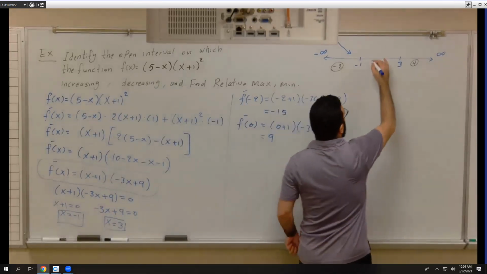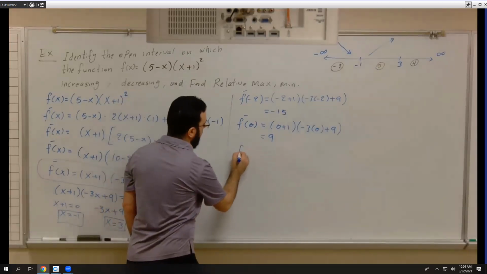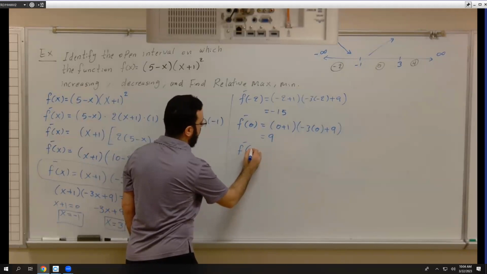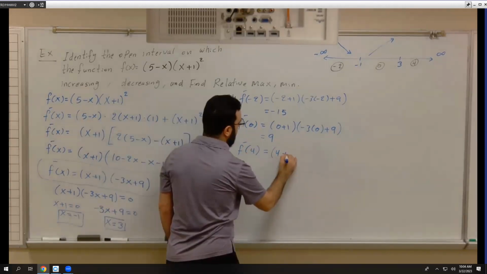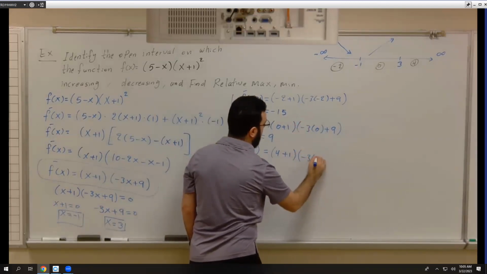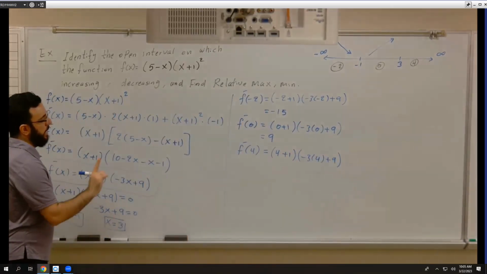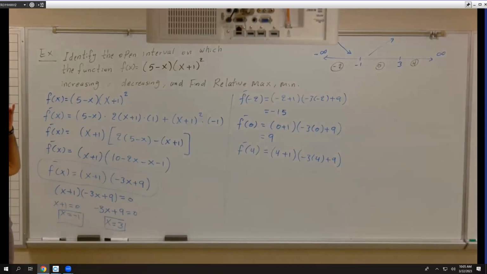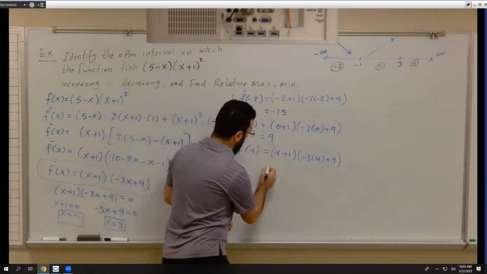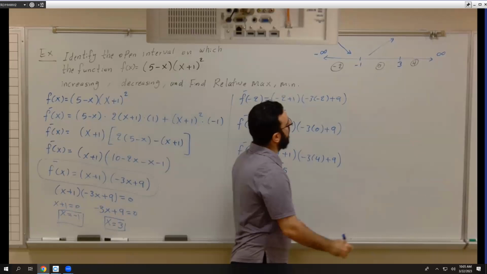So this one is increasing. f prime of 4 is 4 plus 1, times negative 3 times 4 plus 9. Negative 12 plus 9 is negative 3, times 5, which is also negative 15.